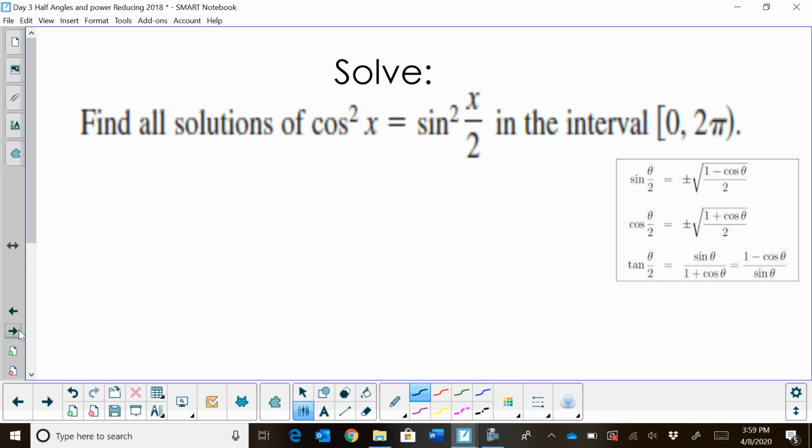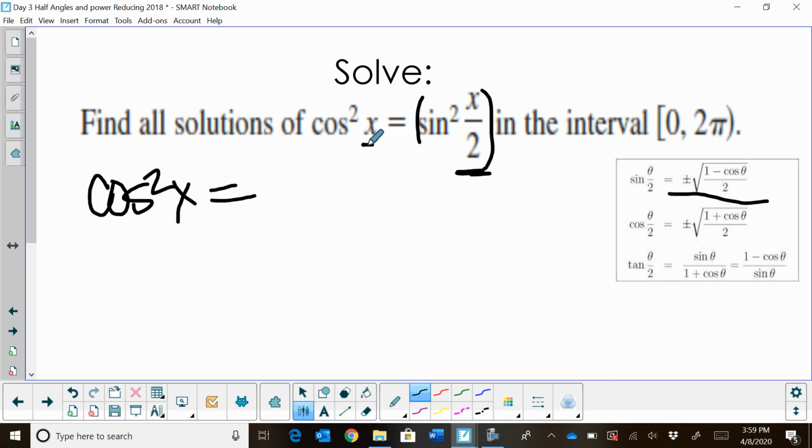Now let's look at solving this one. Find all solutions of cosine squared x equals sine squared of x over 2. So we have a half angle formula. We're going to replace this half angle with the sine formula. Again, we're going to square it, which is kind of nice because then we don't have to worry about positives and negatives.